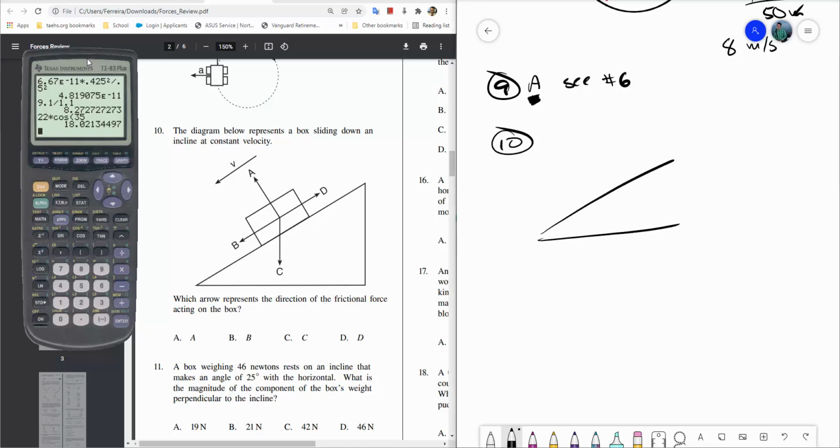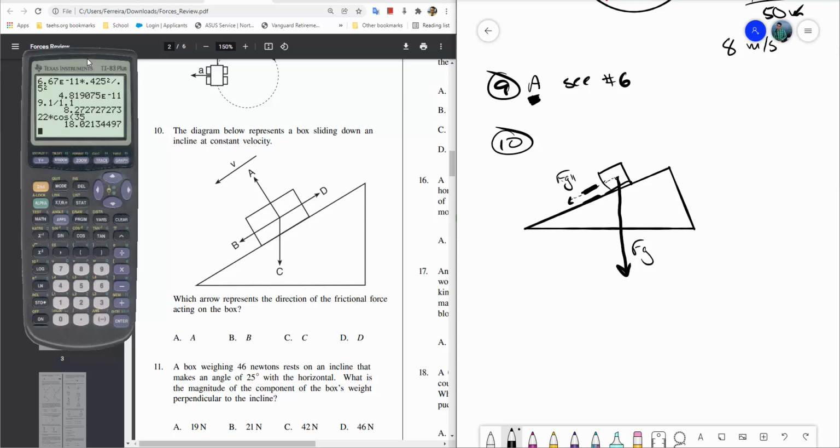So if you have an inclined plane, and there's a box on it, friction is going to resist the movement. Gravity is going to go straight down, and the force of gravity is going to try to get this box to slide down the incline. This is called, if you cannot recall, the force of gravity parallel, because it is parallel to the incline.